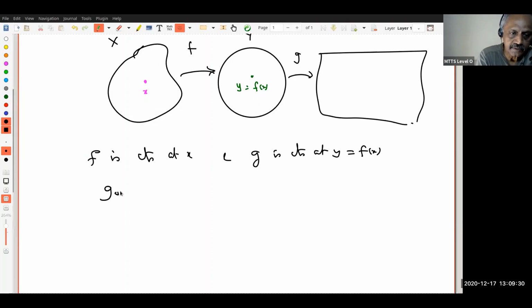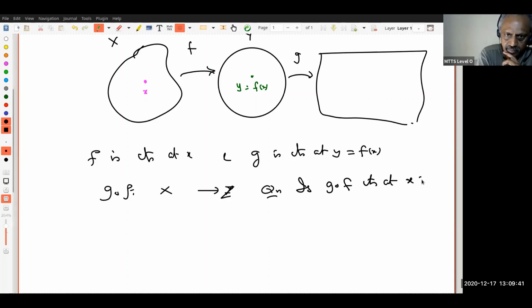Now what is the next? So I have naturally a composition from X to Z. The question is, is g composed with f continuous? Where? At x, at this point. To prove continuity, what is it that I have to do?